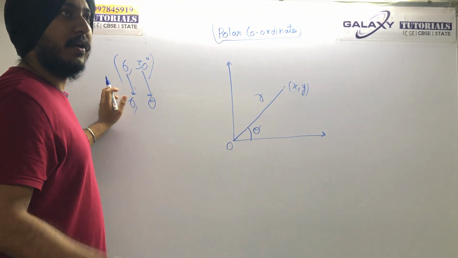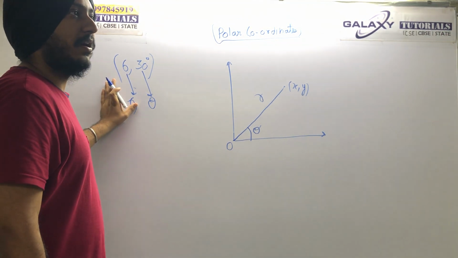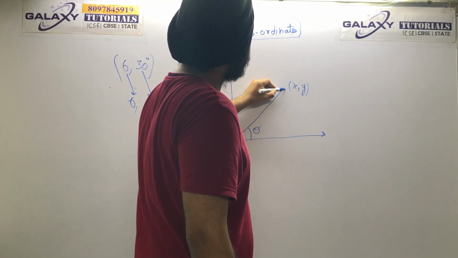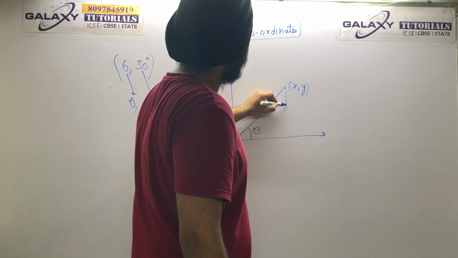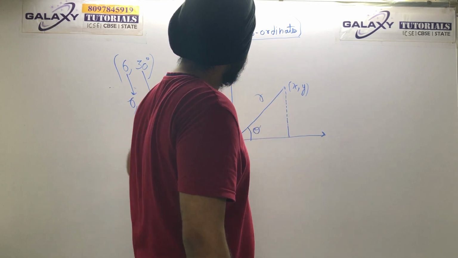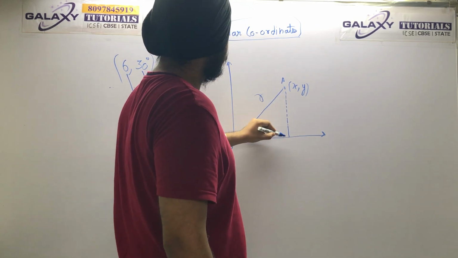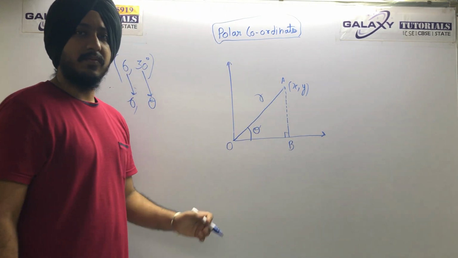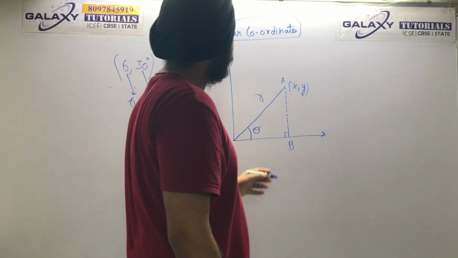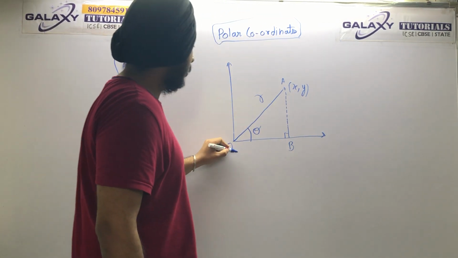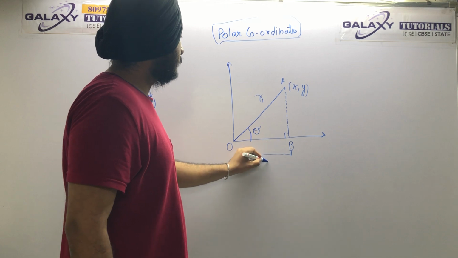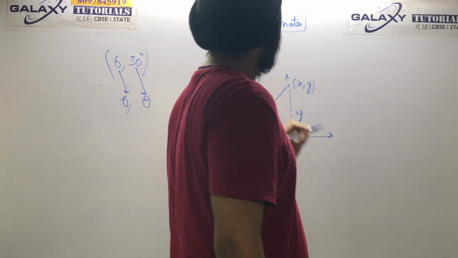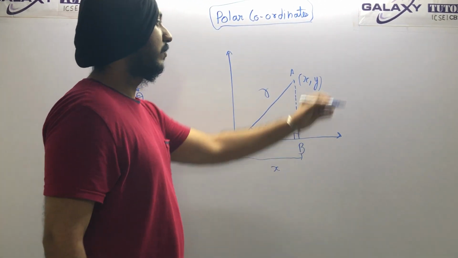Now we will find the relationship between polar coordinate and Cartesian coordinate. Draw a perpendicular from here. Say this point is A and this point is B. OB is x and AB is y. What will be sine theta in triangle ABO?